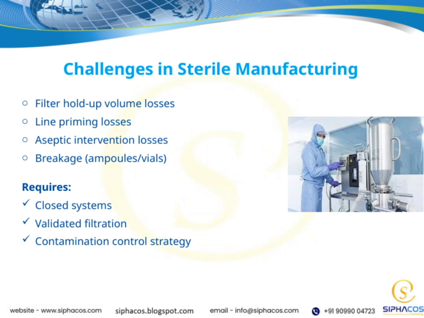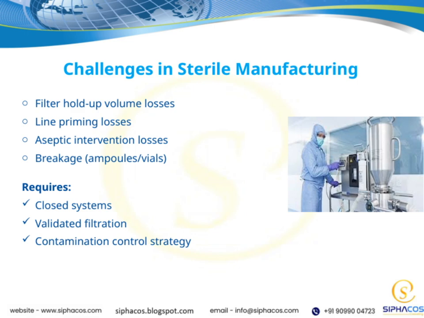Next, aseptic intervention losses occur when we need to open or manipulate sterile systems during production, increasing the risk of contamination and sometimes resulting in product loss. Finally, breakage of ampules and vials is a significant concern, as it can cause product loss, safety hazards, and delays.